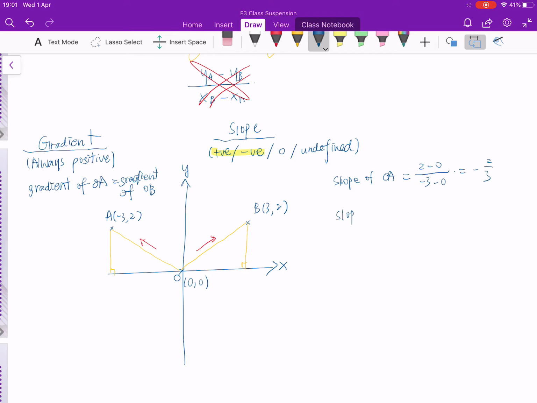And then slope of OB, let me use B minus O this time, (2 minus 0) over (3 minus 0), so it should be 2/3. You can see that the slopes of OA and OB are similar, just different by a negative sign.